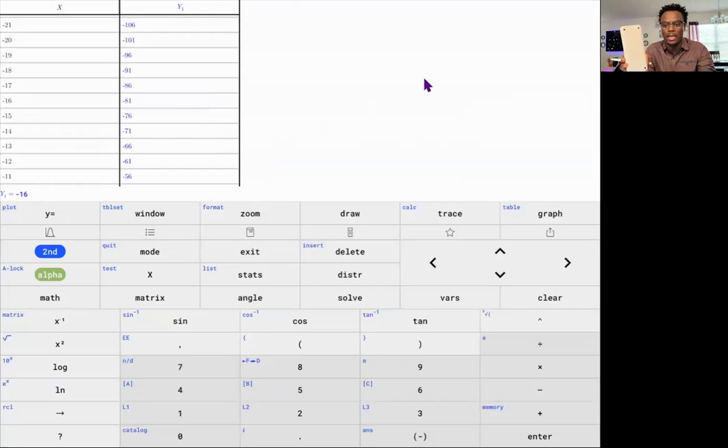This is a TI-84 Plus CE, but TI-83, TI-84, or TI-84 Plus, all of these calculators would be a perfect fit for this class. And this one on my iPad app is a TI-84, so we can use it.